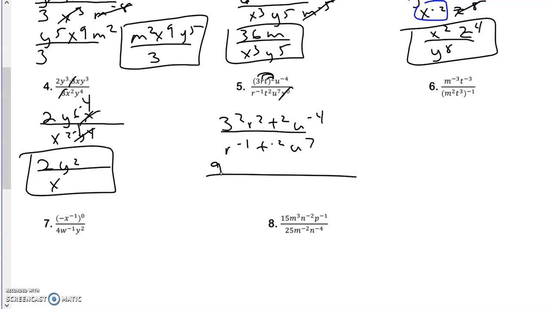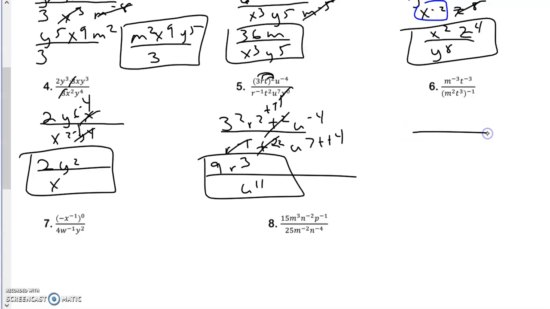I got to see which one is smaller. 2 or negative 1, obviously the negative 1, so that's going to get me r to the 3rd. Which one is smaller? And this is a positive 2, so these can just cancel out because 2 over 2. And then which one is smaller? The negative 4, so negative 4, and I'm going to get u to the 11th.